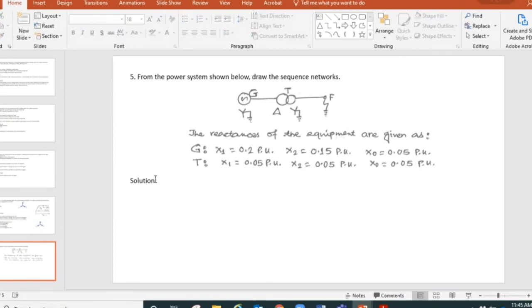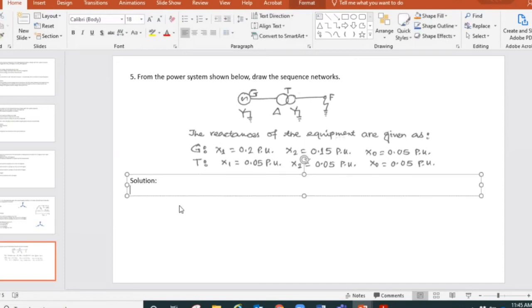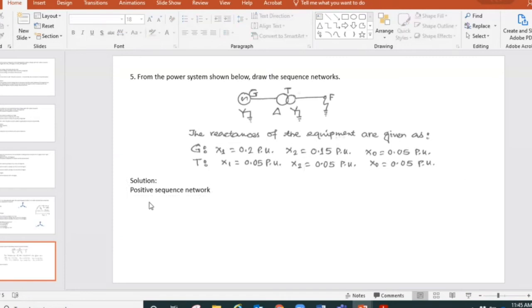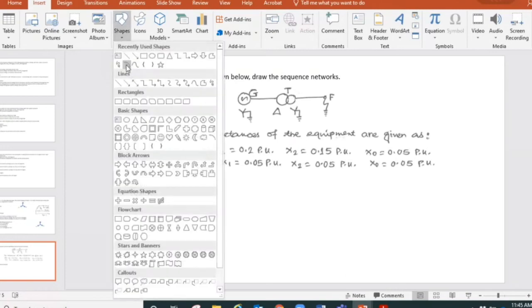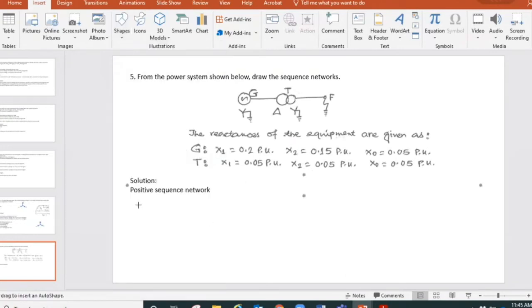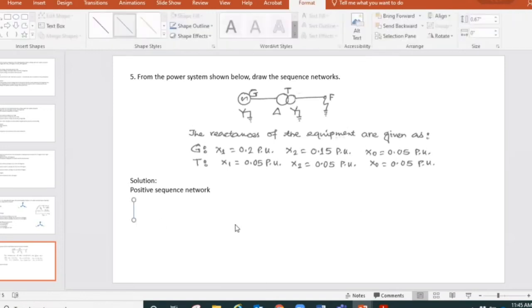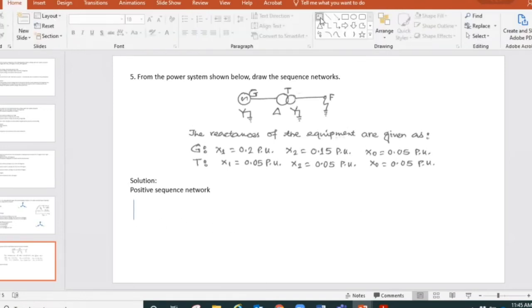So the first one is the positive sequence network, and we need to draw it. I'm drawing it, although it's difficult, so that you understand how to draw it and do it for yourself. First of all, we have to draw a reference bus or neutral bus.